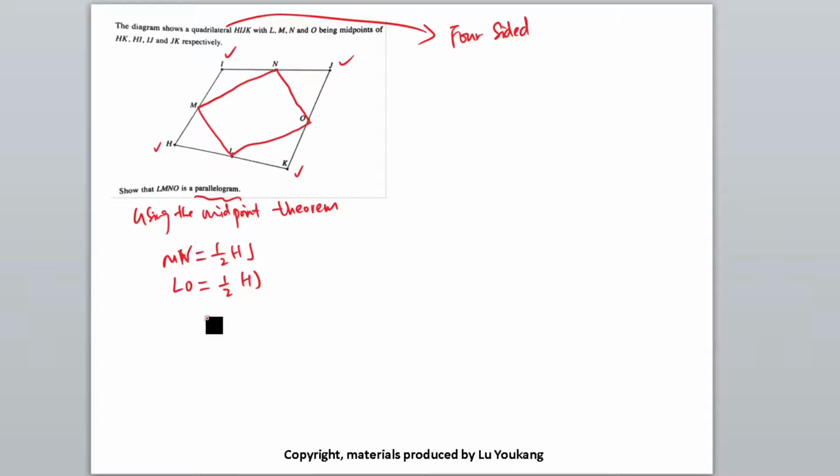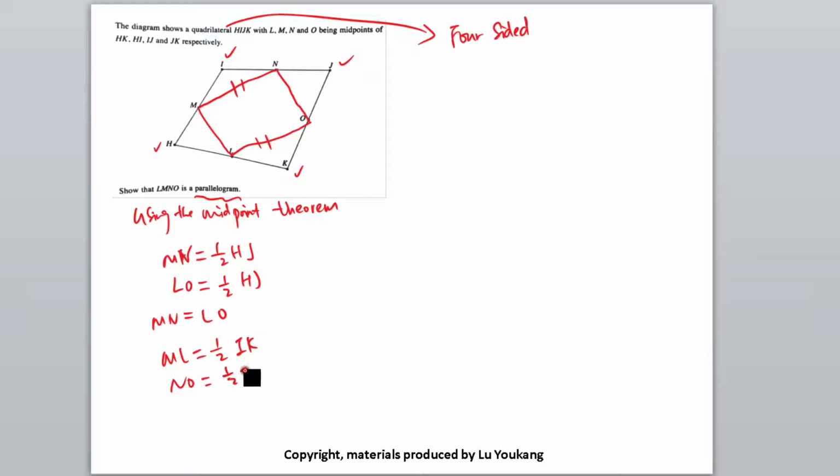And let's continue to use the midpoint theorem to find my ML and NO. So MN is therefore equal to LO. And next, let me find ML. ML is actually half of IK.